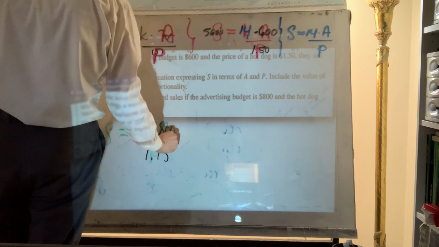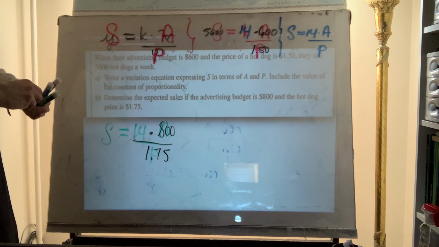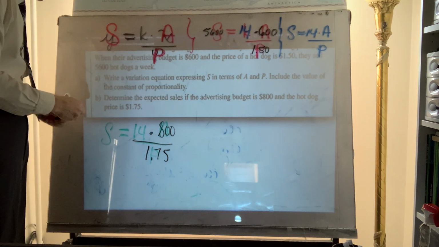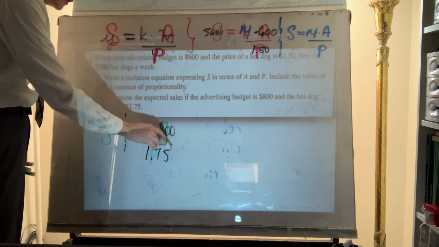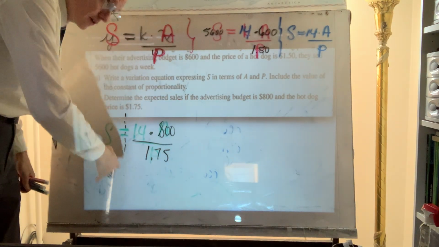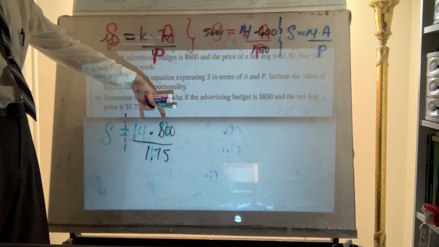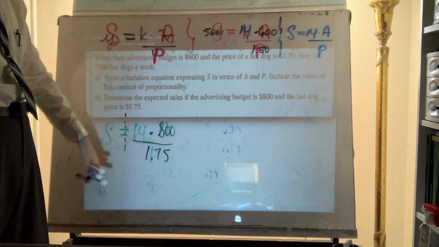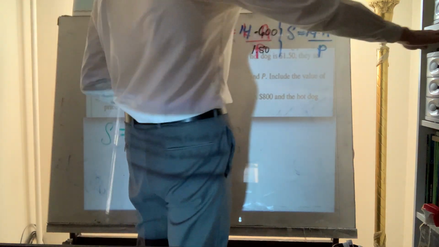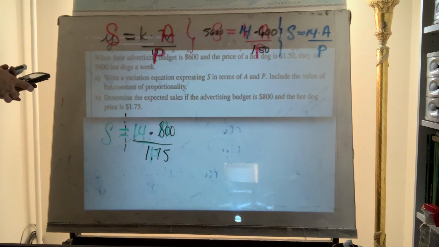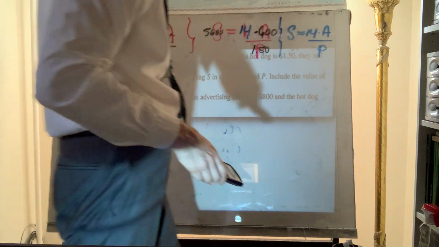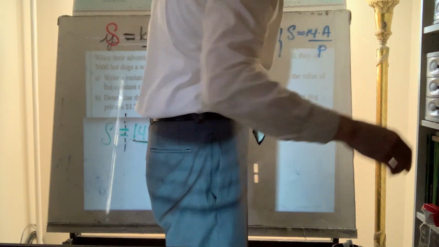You have everything you need now. Since you would just be simplifying this, performing arithmetic, therefore the order of operations: straighten out the top, then divide by the bottom is probably the easiest thing to do, and also conforms to the rules. So 14 times 800 divided by 1.75. You should get 6,400 dogs.